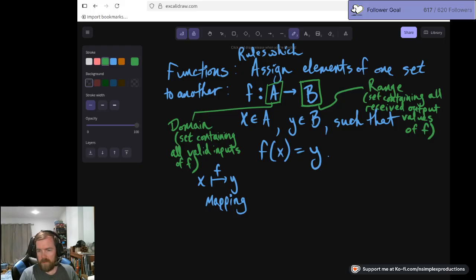All right, y is generally called the image.